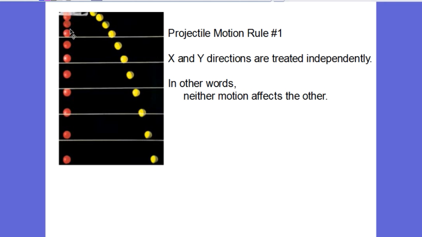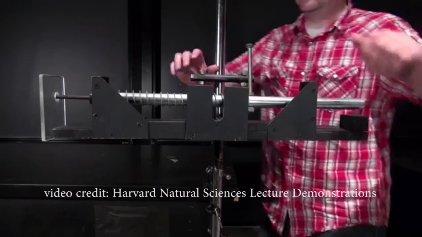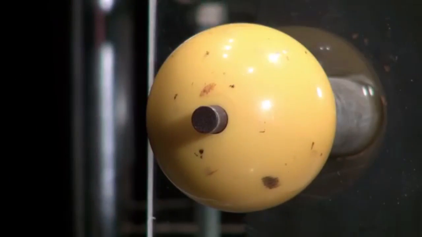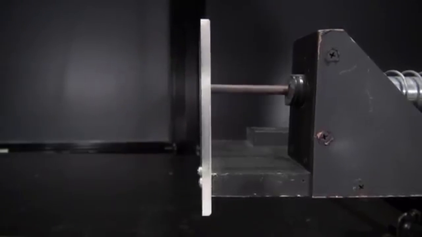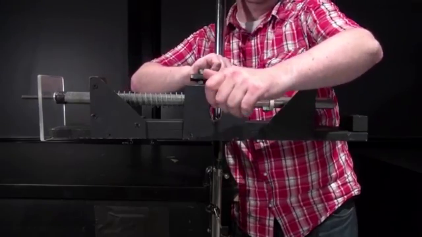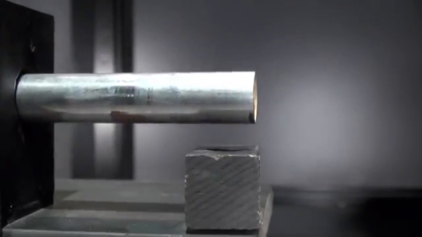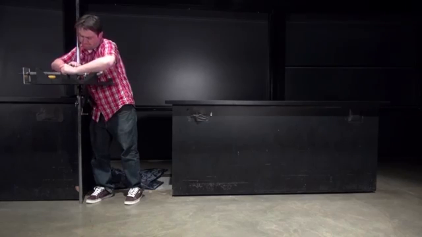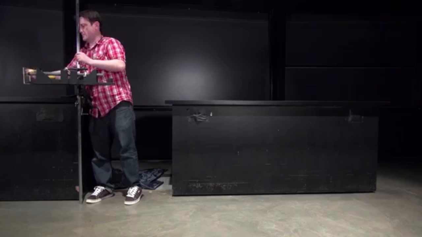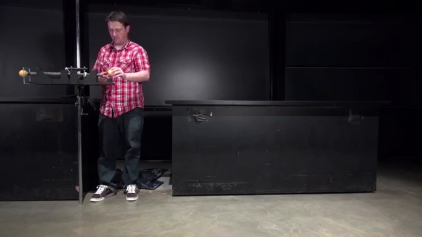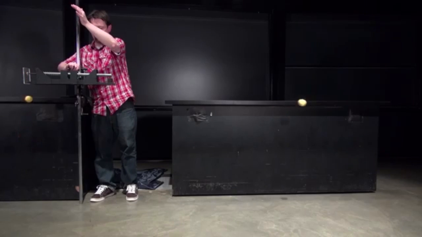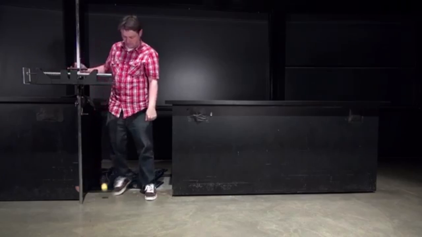Let's see a video of this exact experiment. Both balls fell in the y direction at the same rate, regardless of their x component of velocity.